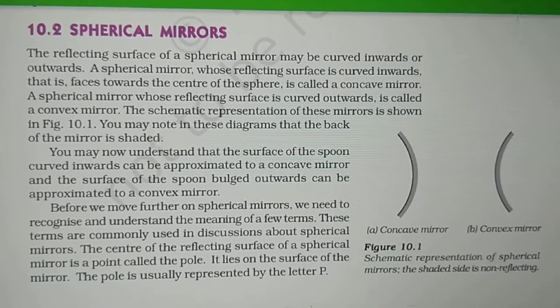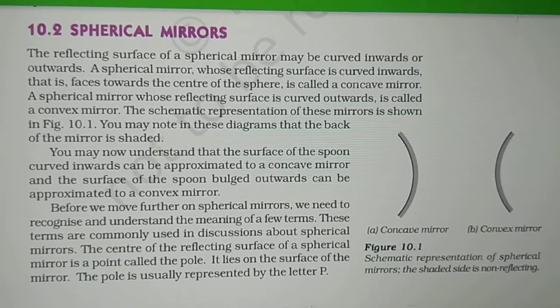For example, last time I told you to see your image in a spoon. The curve which is inward acts as a concave mirror, and in the same way the curve that is outward acts as a convex mirror.